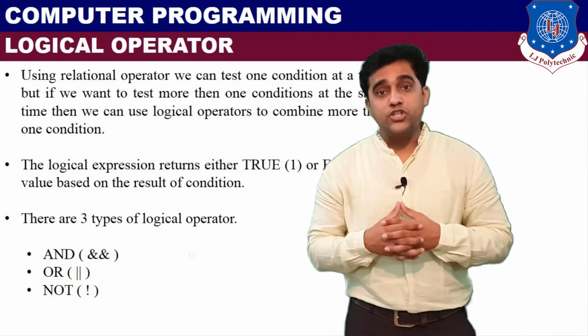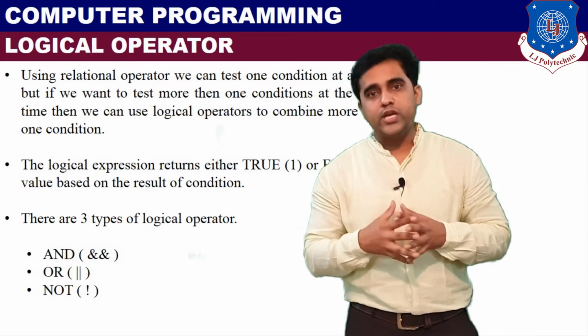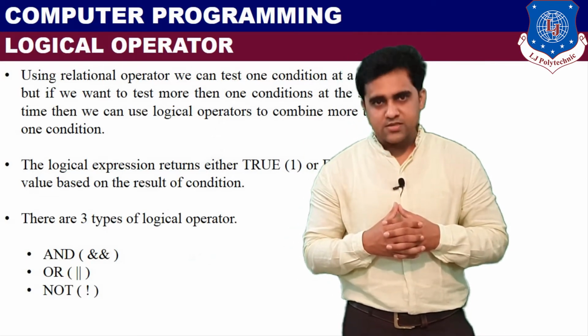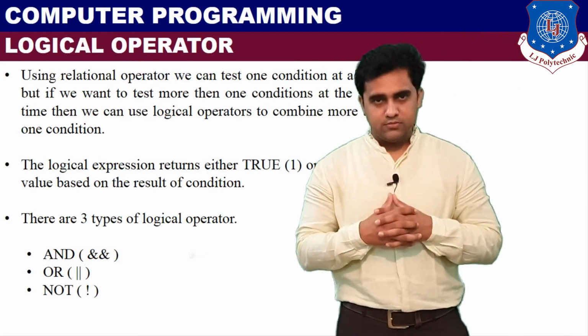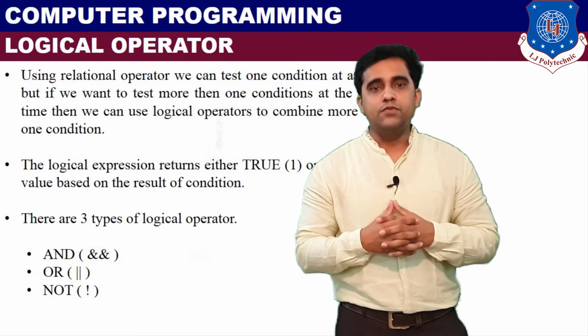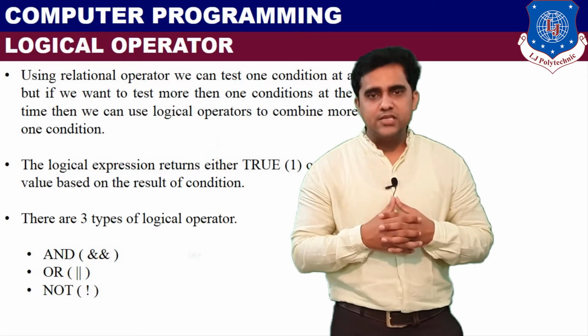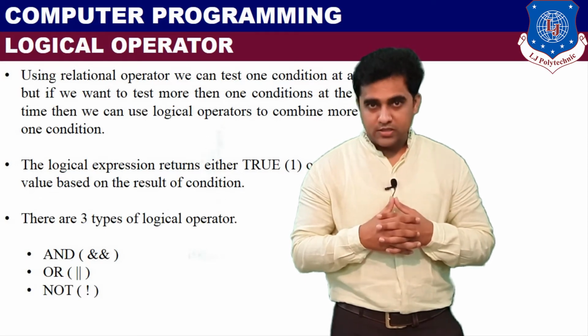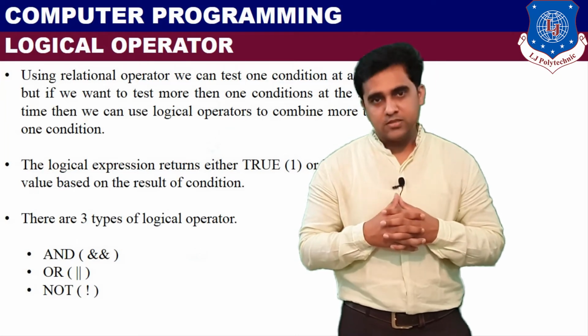First is logical AND. The symbol of logical AND is two ampersands. Second, logical OR. The symbol of OR is two vertical bars. And the third one is logical NOT, which is denoted by an exclamation mark.